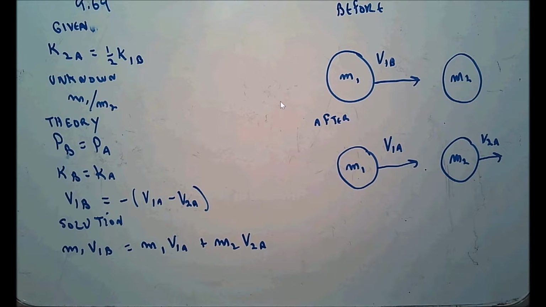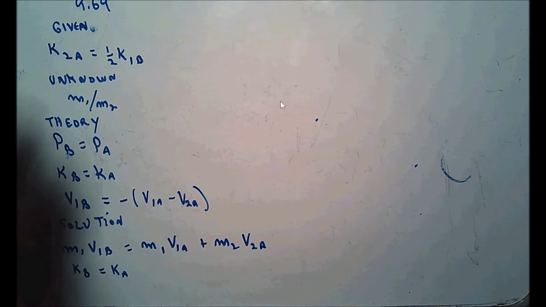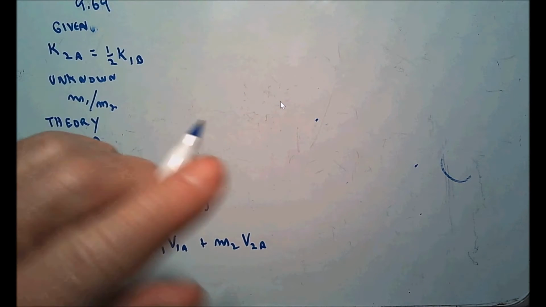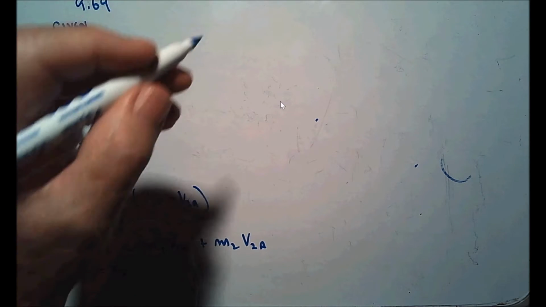Now, the first thing I'm going to use is that the kinetic energy is conserved, which means that the kinetic energy I have before must be equal to the kinetic energy I have afterwards. I'm going to write that equation as follows.